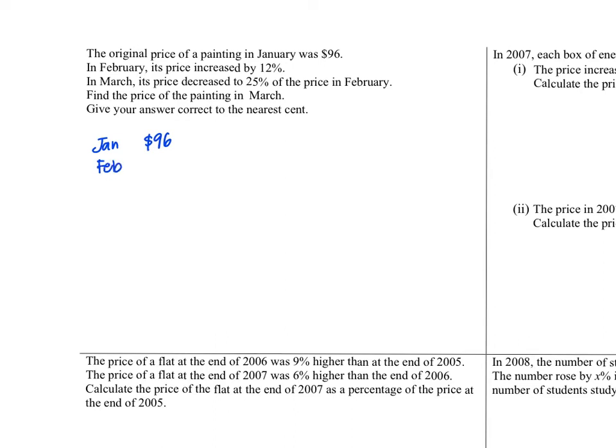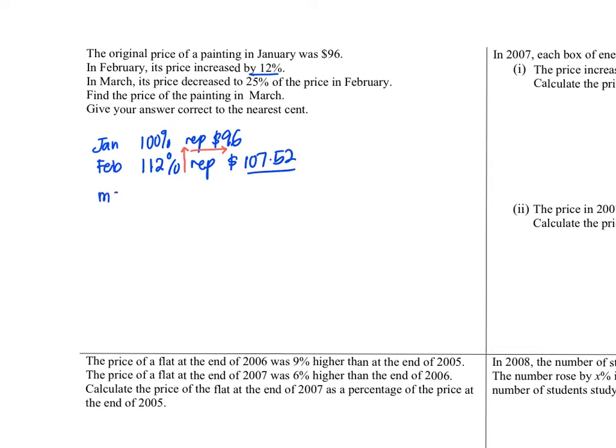So January was 100%, which is my original, and represents $96. Now I'm going to increase this by 12%, so 112% will represent a value of 112 divided by 100 times 96, and that gives you a value of 107.52. That is in February.